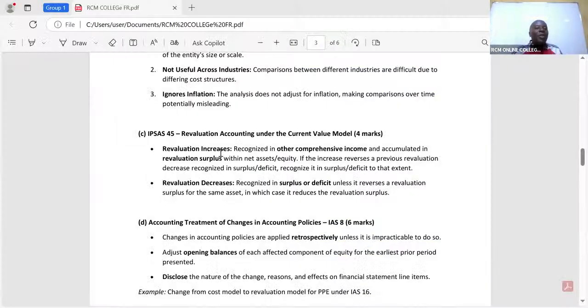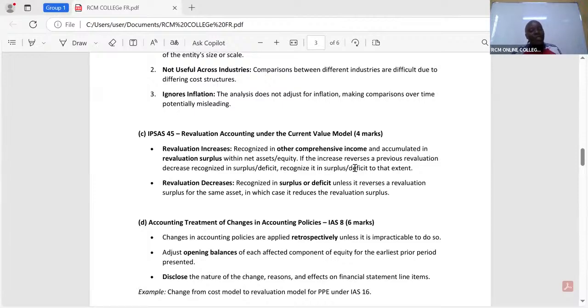So whenever you hear about revaluation accounting, revaluation increases are normally recognized in OCI, other comprehensive income, and accumulated under revaluation surplus. Don't cram this, never cram it. You just take it the way I'm telling you.